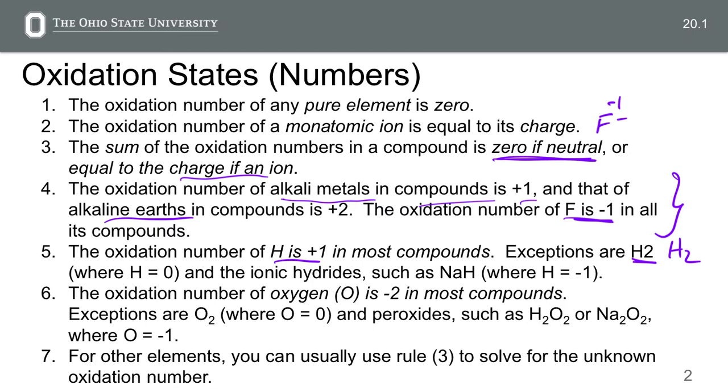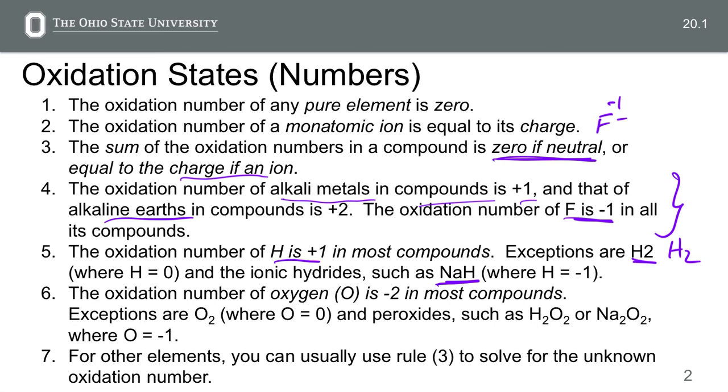We also have the ionic hydrides, so sodium hydride, for instance. The rule where sodium, being an alkali metal, has an oxidation number of +1 takes precedence, and that means that the oxidation number of hydrogen is -1.